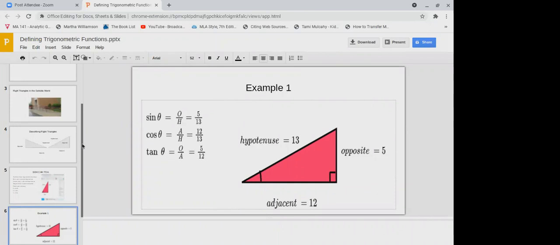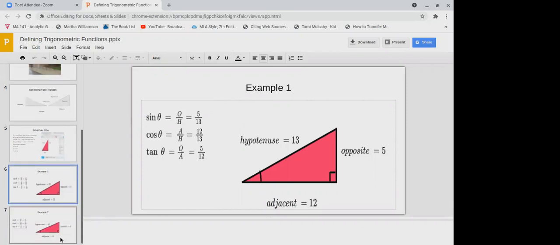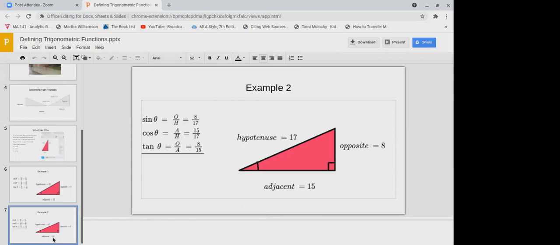Okay, now that's my example. So now we're going to do another one together. Let me go to the next slide. Here we have another example. In this one, the side opposite is 8, the side adjacent is 15, and the hypotenuse is 17.